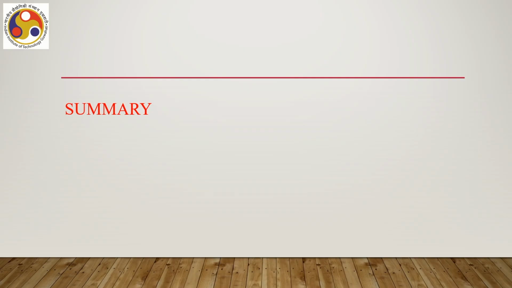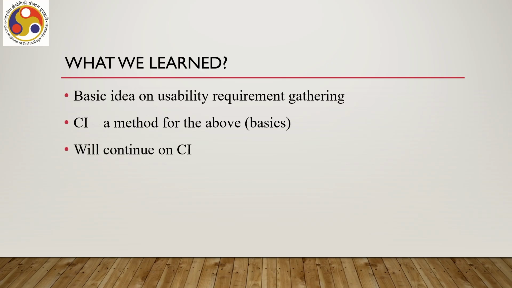So, let us summarize what we have learned so far. We started talking about usability requirement gathering. That is a very essential part of ensuring a usable design. Unless we gather the usability requirements or the end user requirements, we will not be able to come up with a proper design that takes care of users' needs and expectations.